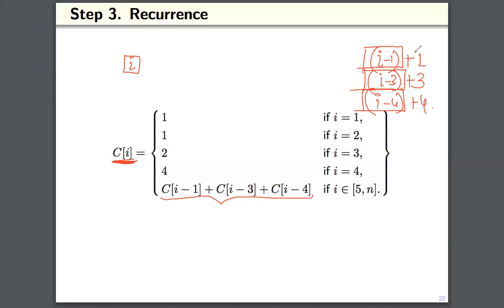See, if you consider all possibilities at each step, automatically it is related to permutations, right? If you had considered 1, 3, 4, you would also have considered 3, 1, 4 at the starting point. Look at this, 1 plus 3, 3 plus 1, right? So it's like permutations only, right?